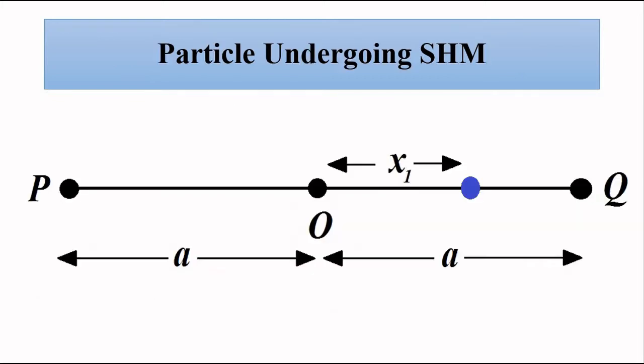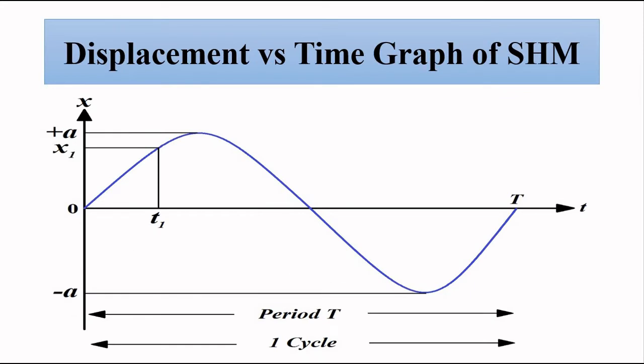For example, here the particle which is originally at the mean position O undergoes to and fro movement between the two extreme points P and Q, which are equidistant from this mean position O. This is a basic example of simple harmonic motion, and the variation of the instantaneous displacement with respect to time follows a sine or cosine waveform.